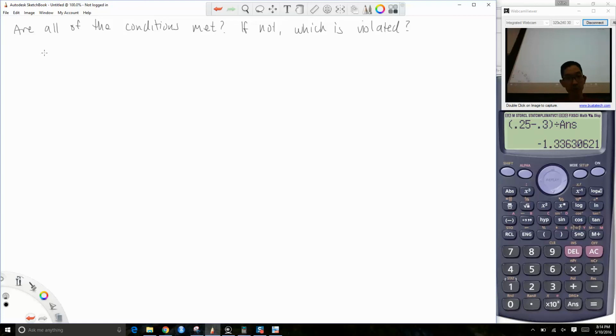Again, your conditions are the independent and random condition, the large sample condition, and the big population condition.